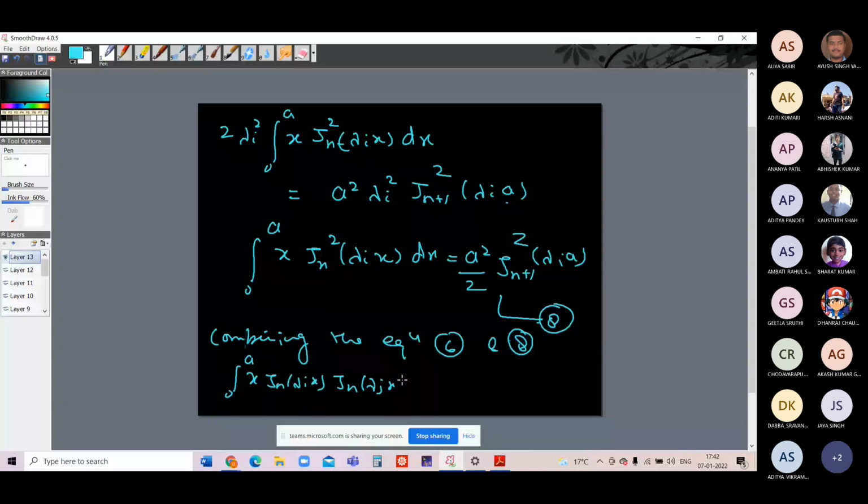Its value is 0 when i is not equal to j, and its value is a square by 2 Jn plus 1 square lambda i a when i is equal to j. So this is the orthogonal property for the Bessel function. So that was about this property, there is one small topic more.